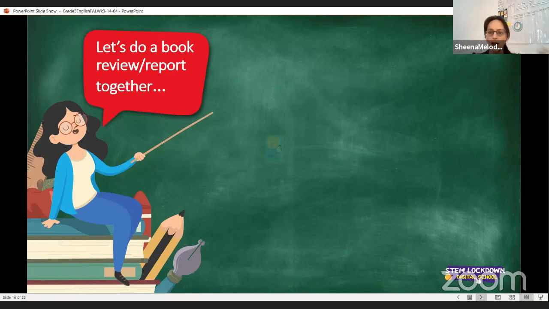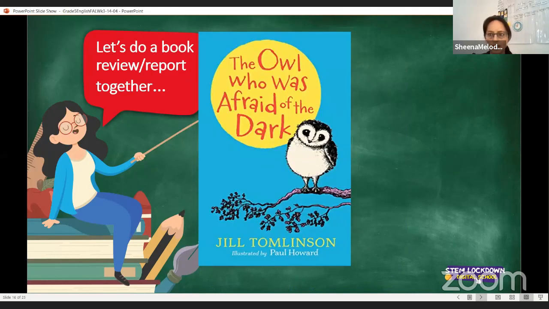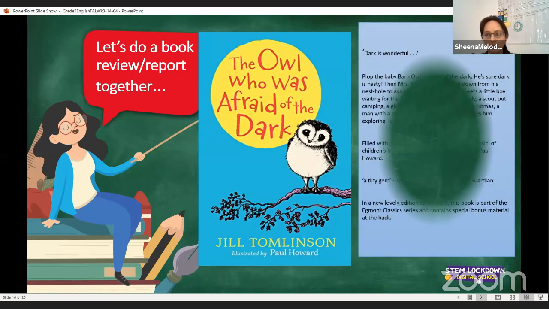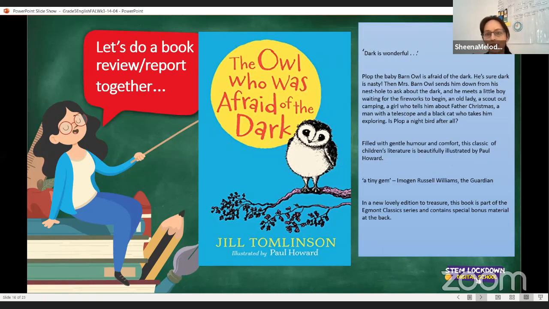Okay, so I chose this book because I love owls. All right, and this one has a title, it has an author, and it has an illustrator. Okay, so, and this is what you find at the back of the book.